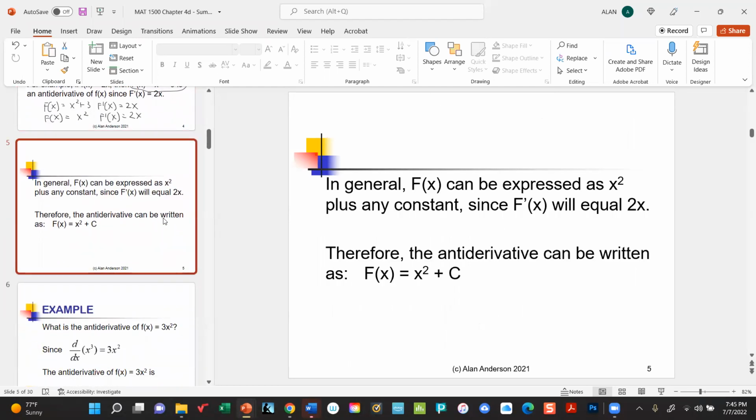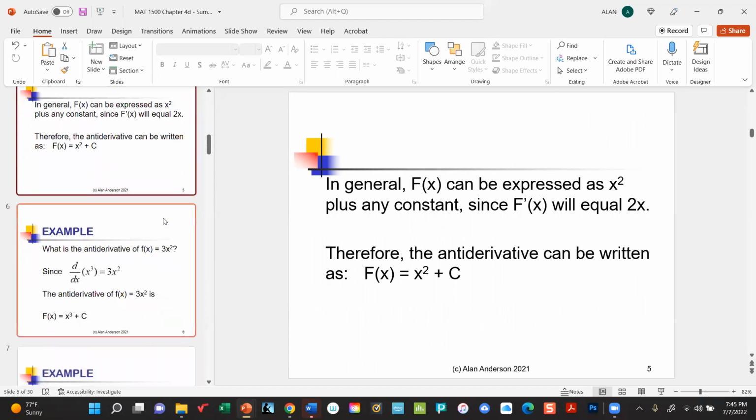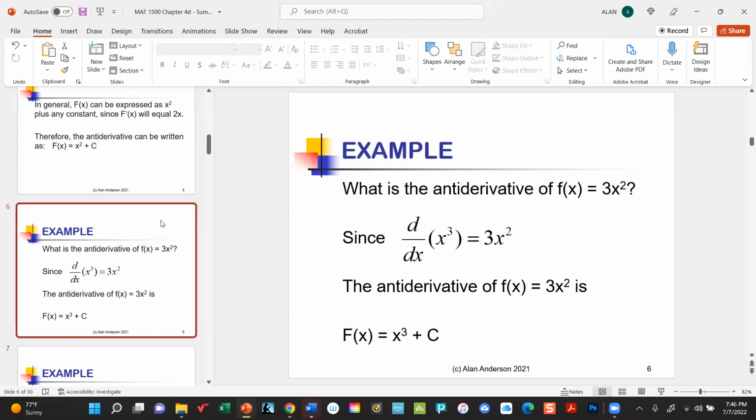Okay, so with all that being said, why don't we try an example? For the function f of x is 3x squared, what is the antiderivative of f of x? In other words, what function's derivative brings us back to 3x squared?